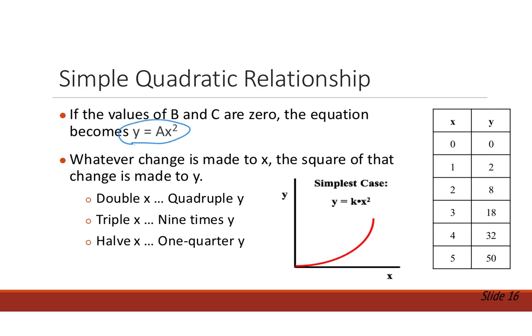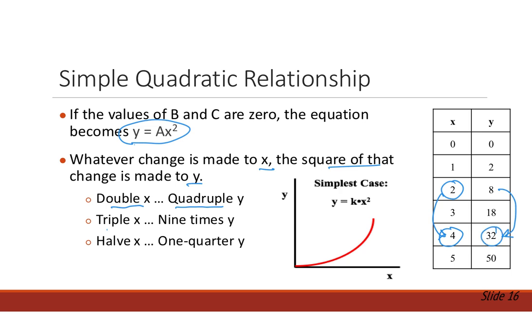In that case, whatever change you make to x, the square of that change is going to be made to y. So if you double x, doubling meaning 2, then you're going to do 2 times 2, you'll quadruple y. So if we double x from 2 to 4, then we're going to see y be 4 times larger, going all the way up to 32.